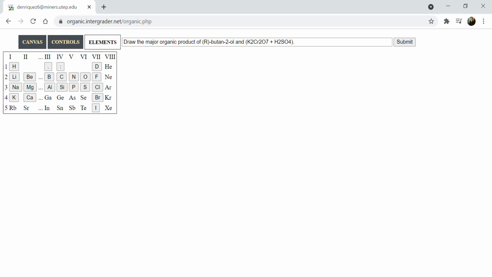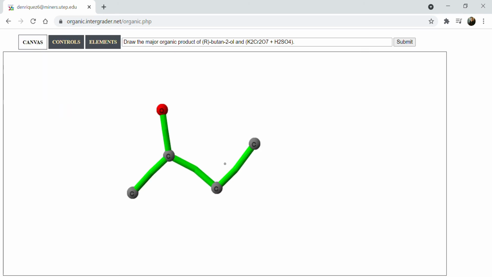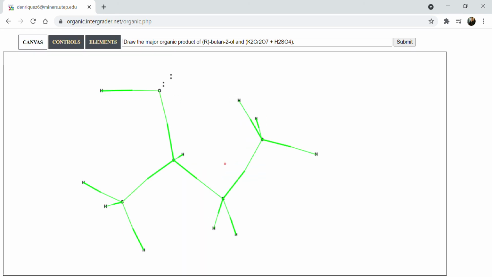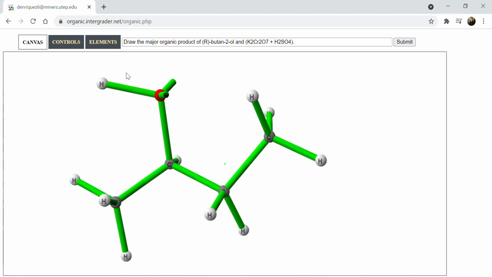I've got an oxygen at the 2 position. I'm going to have to add my hydrogens just to check that conformation. I've got first priority, second, third, right there to the right. We've got it down, and this is a secondary carbon, so I'm going to go ahead and turn that into a ketone.